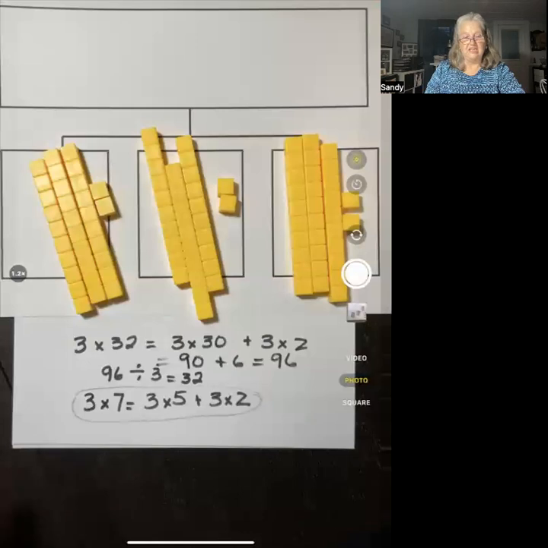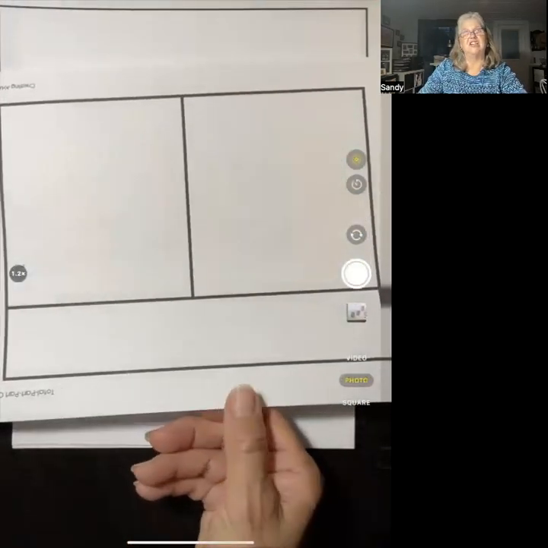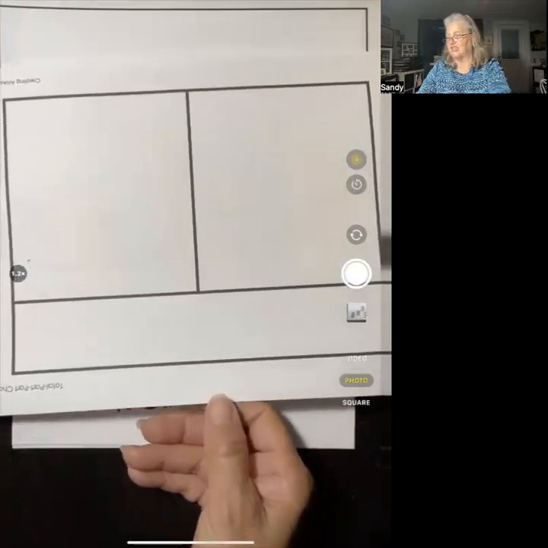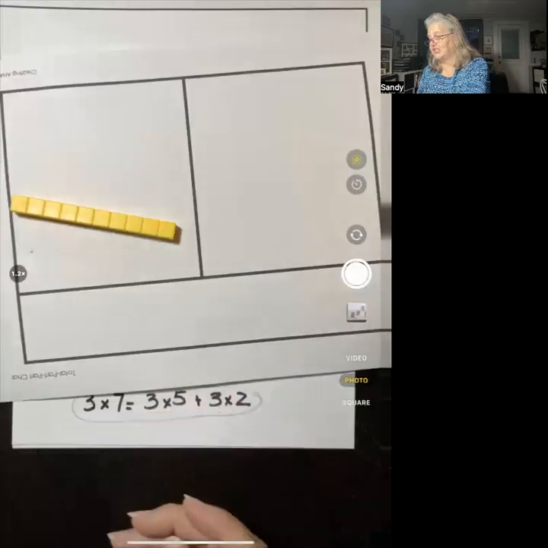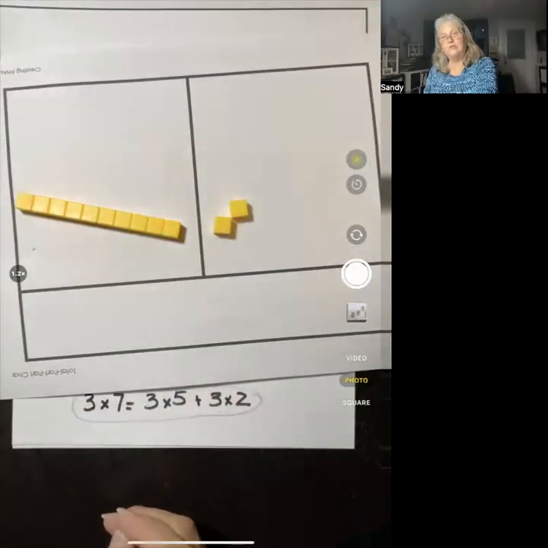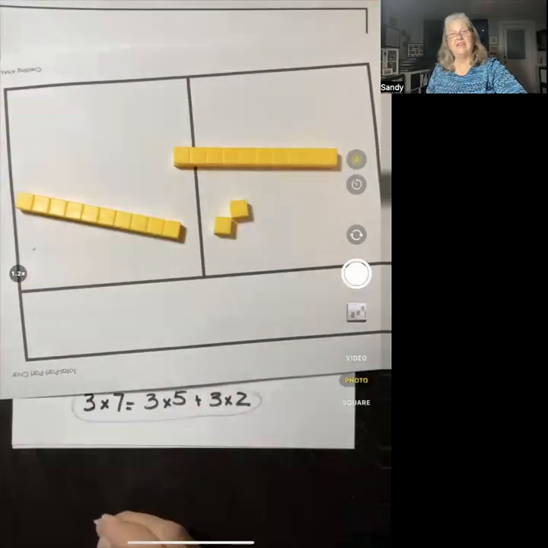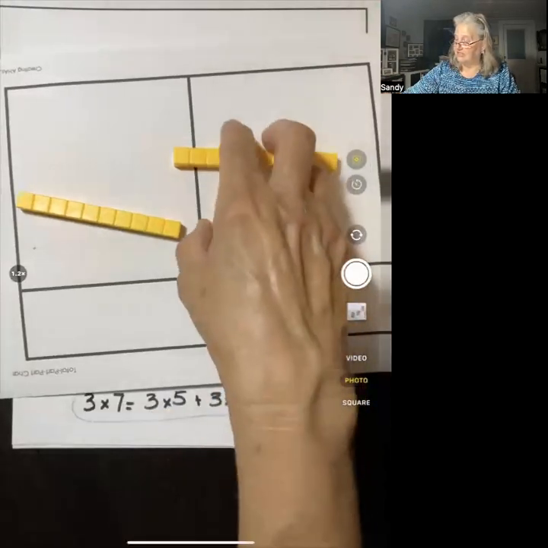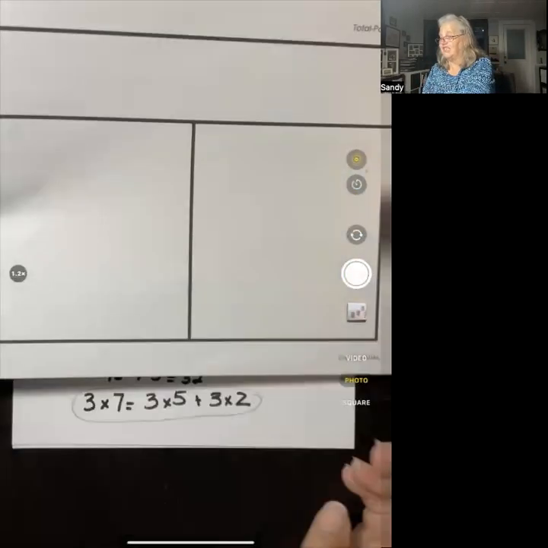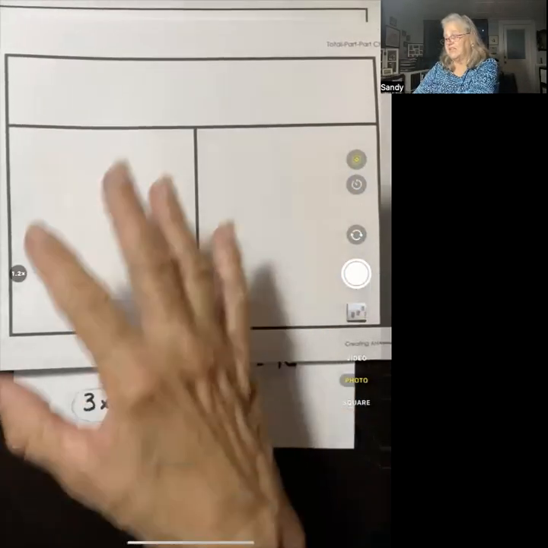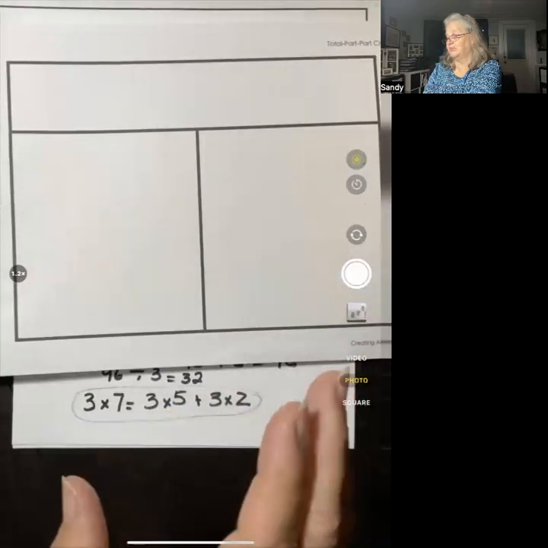So you may see a total part chart being used to help your children make sense of addition, subtraction, combining like size units, tens with tens, ones with ones when they're adding, right? I combine like size units. You might see the chart this way, where they're decomposing numbers into parts, and this one just limits to 2 parts.